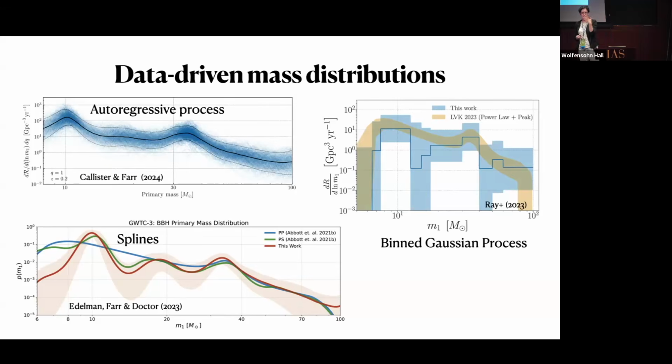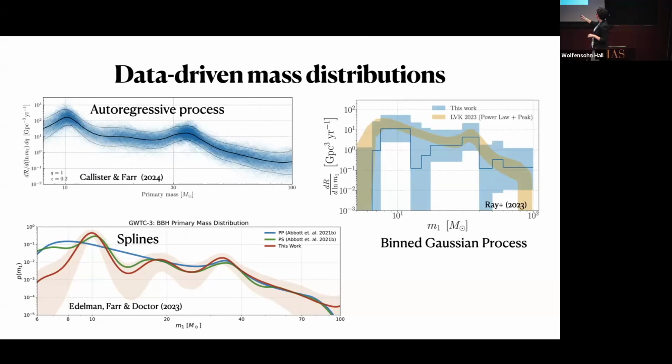So it's like a piecewise constant thing, but the prior on the rate in each bin is a correlated multi-dimensional Gaussian prior. So there's some degree of smoothness brought in from the prior, because the rate in each bin is correlated with the rates in the other bins, and more correlated with the rates of neighboring bins.